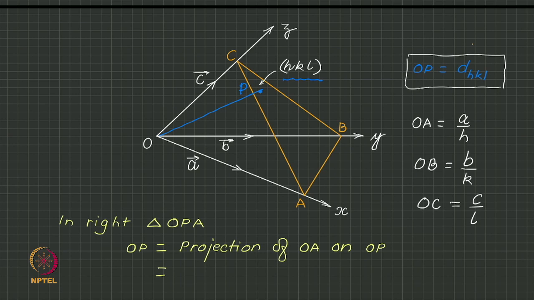And from the earlier relation we proved between G star HKL and the plane, we know that G star HKL is normal to the plane. So, G star HKL is also in the direction OP.